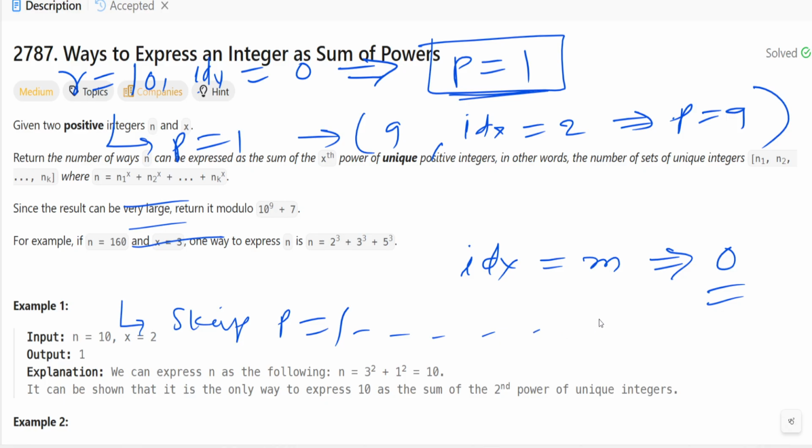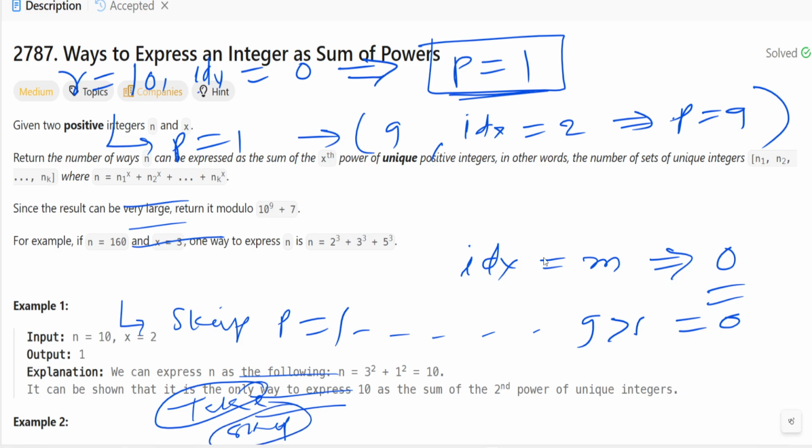Some value, let's suppose 9 is greater than 6, so we'll return 0 that time. So it becomes a little tricky here. Sometimes you have to take it, sometimes you have to skip it.